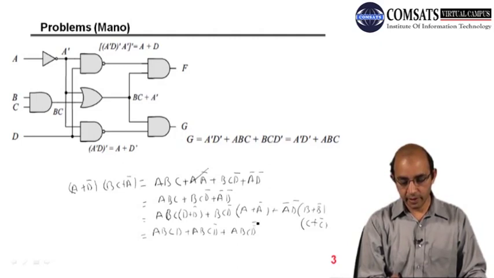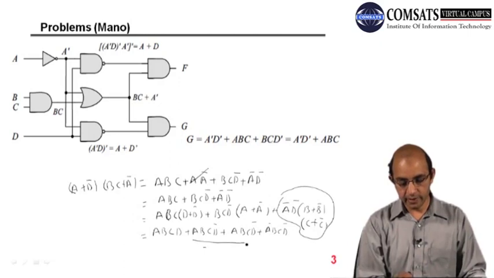So we are using very straightforward A B C D bar plus A bar B C D bar. I'm leaving this, because this can also be solved like this. Here you can see that we have 2 terms, they are the same terms. So you can see we have A B C D plus A B C D bar plus A bar B C D bar.